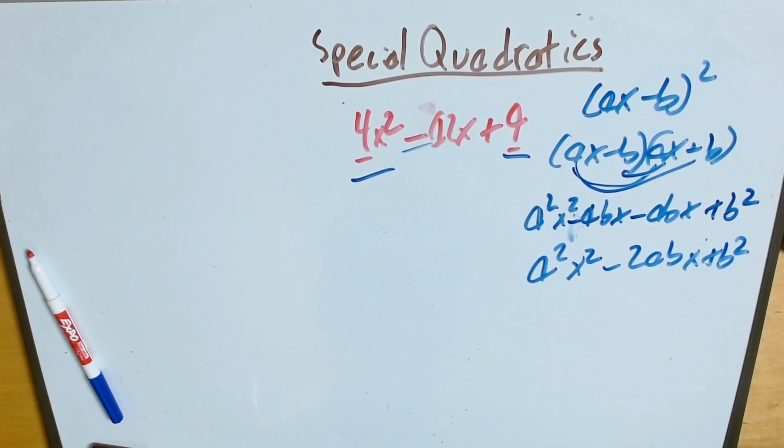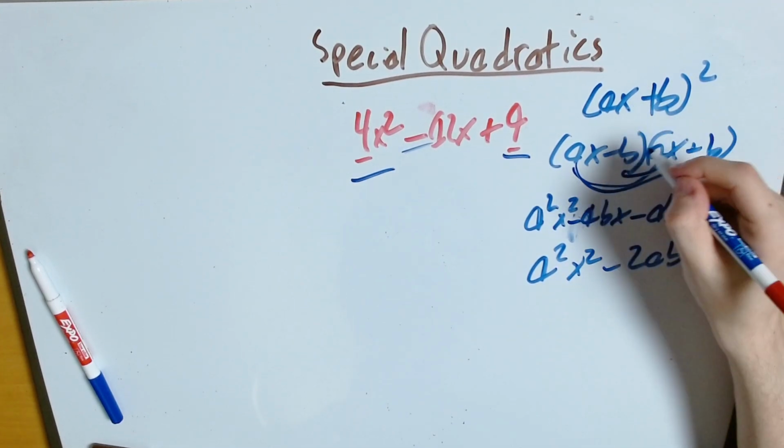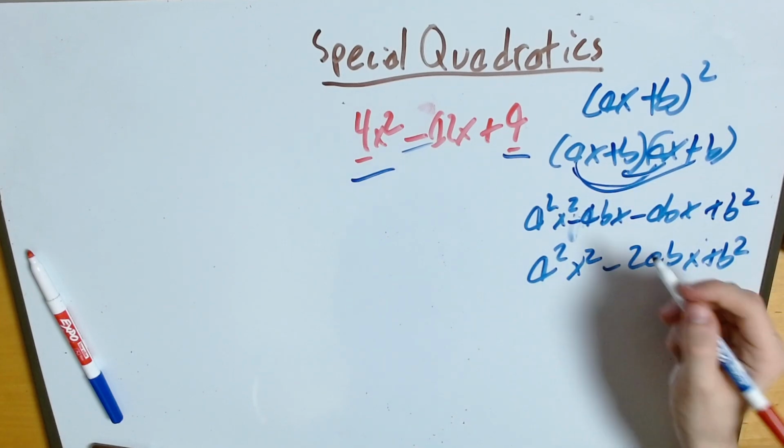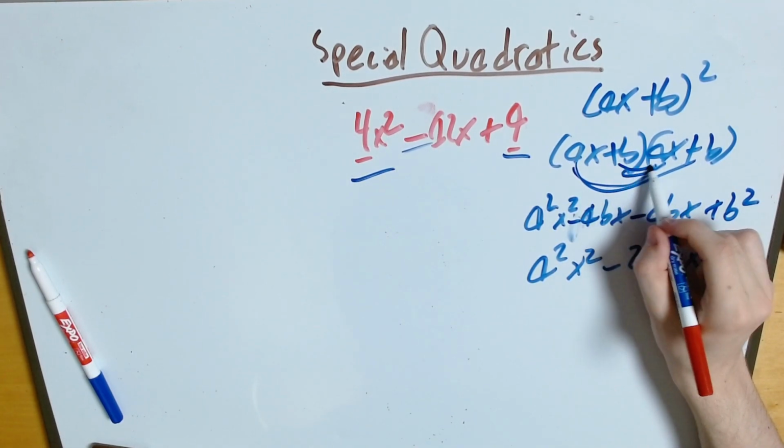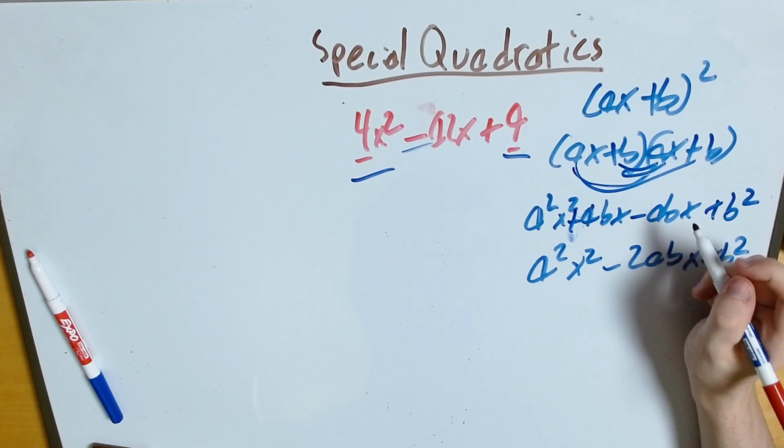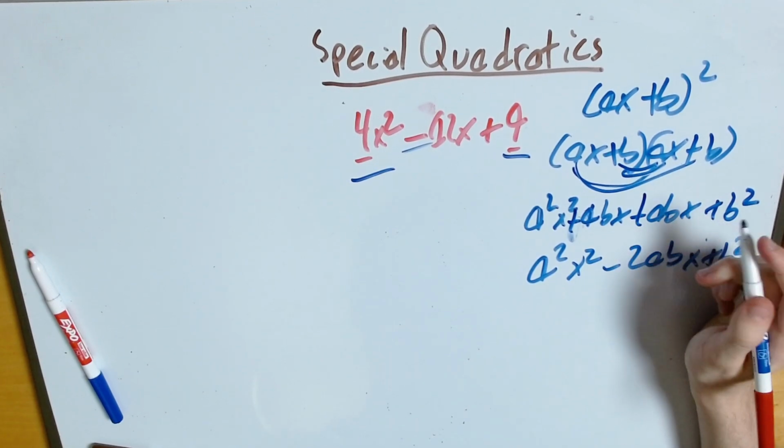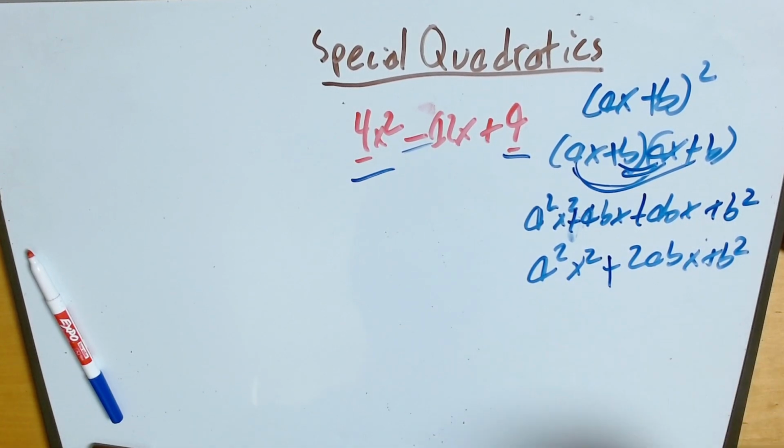And now, if we wanted to do the positive version, we would just change the signs, right? That becomes positive abx instead of negative abx, and positive abx instead of negative abx. So the positive version would have positive 2abx.